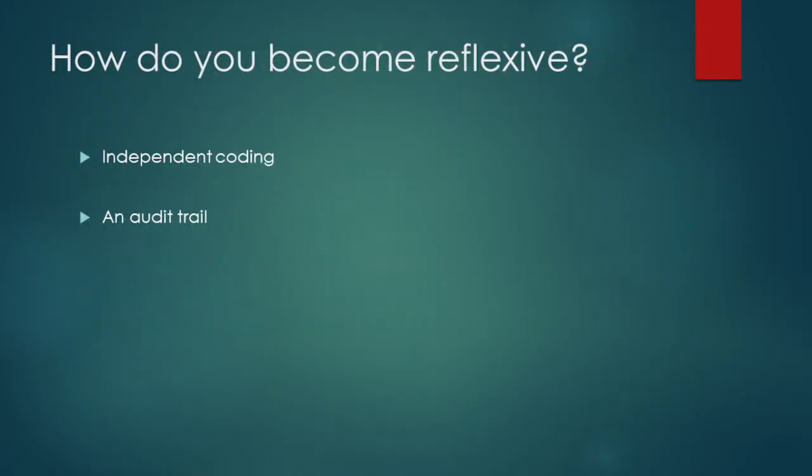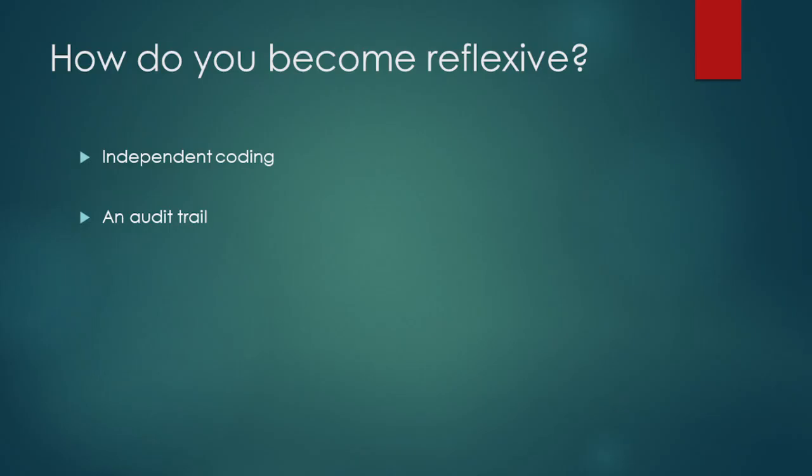And finally, how do you become a reflexive researcher? Attending to reflections and reflexivity can still be achieved in contextualist work using template analysis through multiple ways. King and Brooks suggested two ways, which are included on this slide.